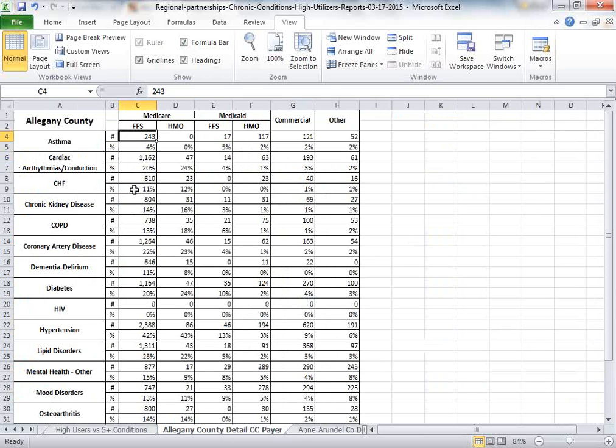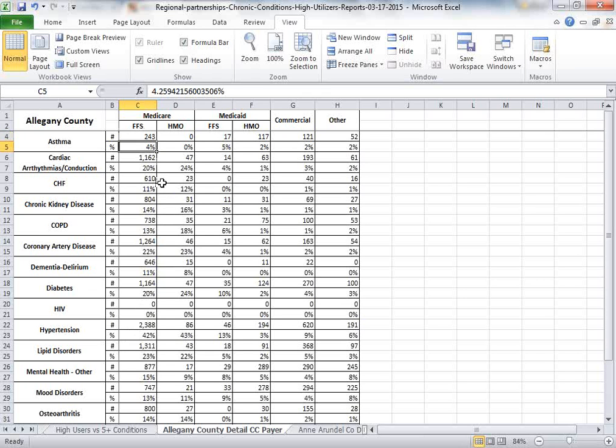Then for each county, we've presented a report that breaks down the people with each chronic condition by different payer groups. So for instance here, for Allegheny County, for asthma, we see that there were 243 patients seen who had fee-for-service Medicare.